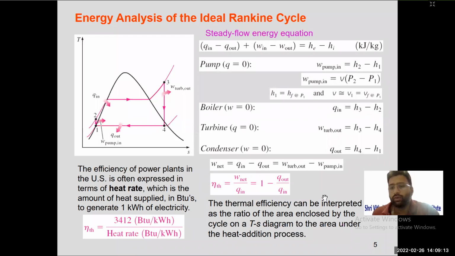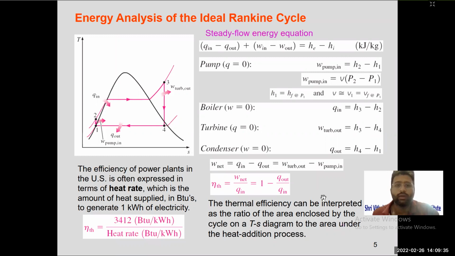Then we have seen how to calculate the efficiency of the Rankine cycle, or a power plant working on the ideal Rankine cycle. Efficiency, as I told you in the last lecture, in the numerator we always put our objective, and in the denominator we put the available inputs. The objective was to do some work, so we take the net work.